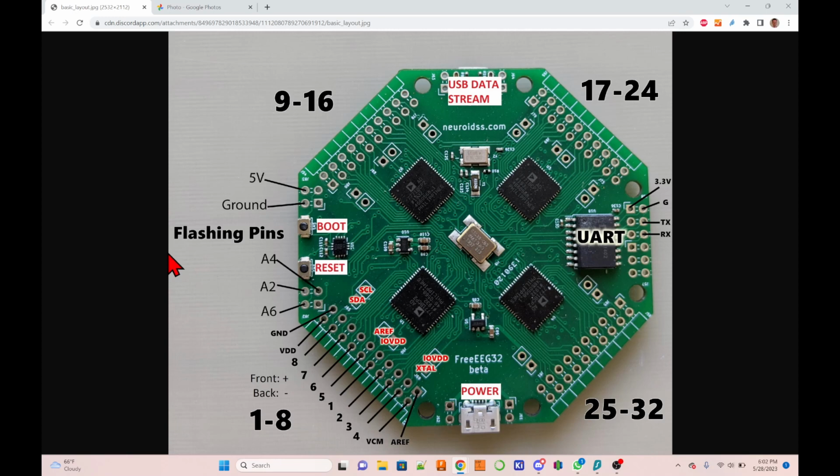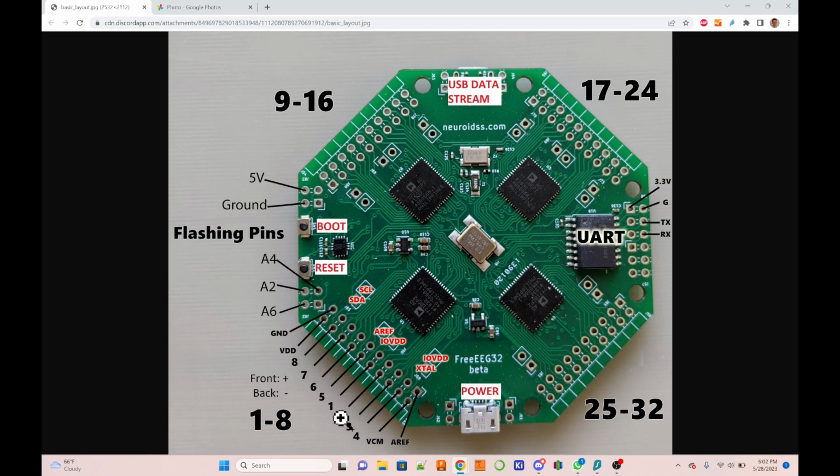Here we have a slightly different thing than the bias in OpenBCI. Here it's called VCM, which stands for voltage common mode, and you connect it in the same place where you would put the bias in another position.